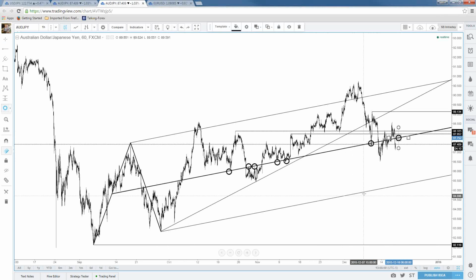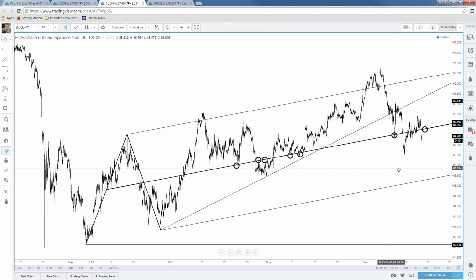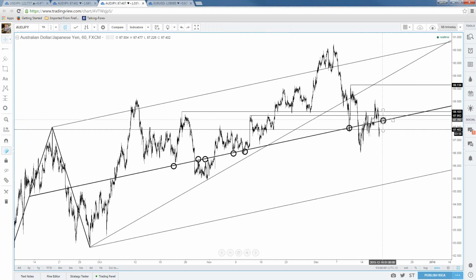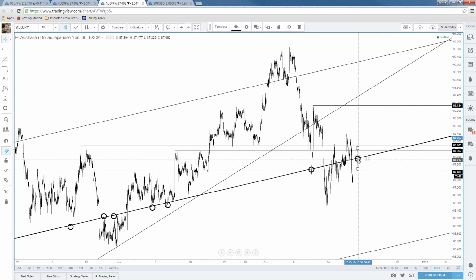See if that median line comes in again. That would actually be about 87.70 or so, if we get up in there tonight. So that's the level to watch for, 87.70, taking it down to about 85.40. It's a level to watch for, in my opinion, for Aussie yen.